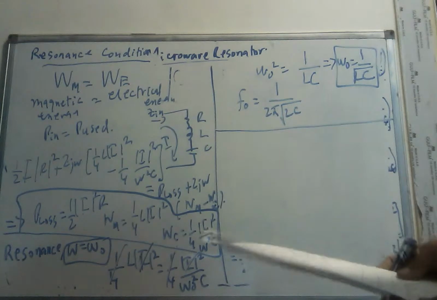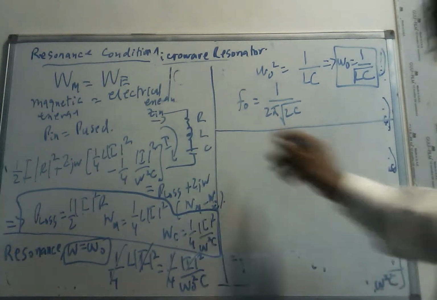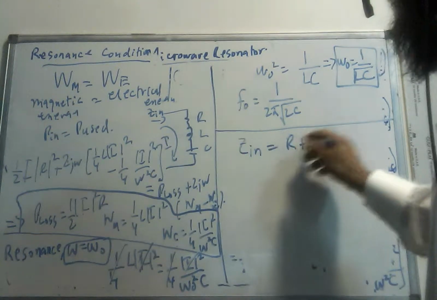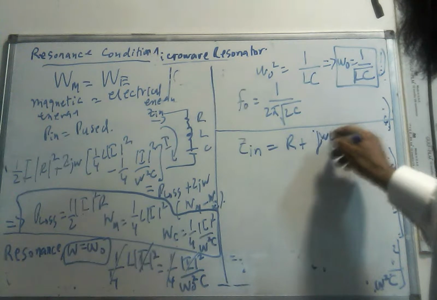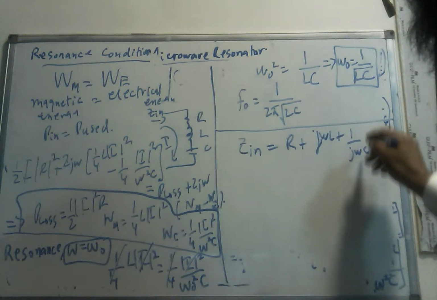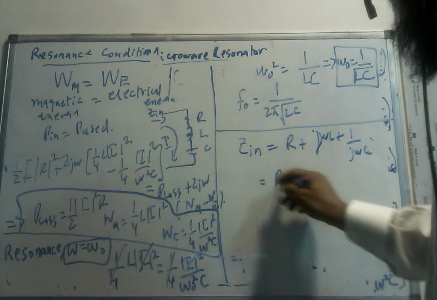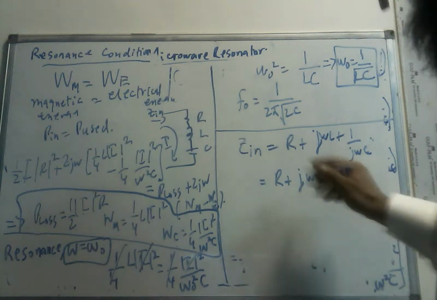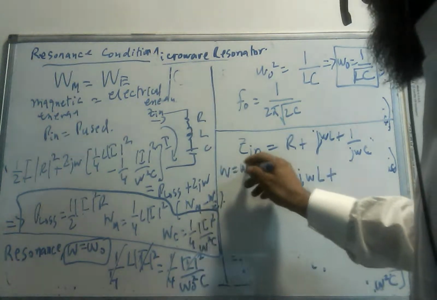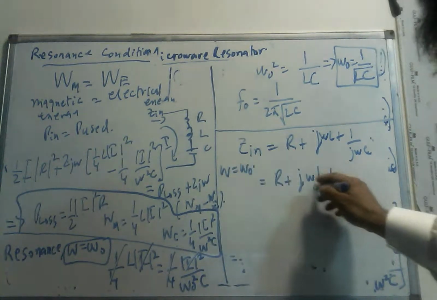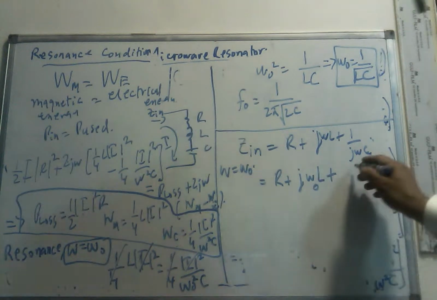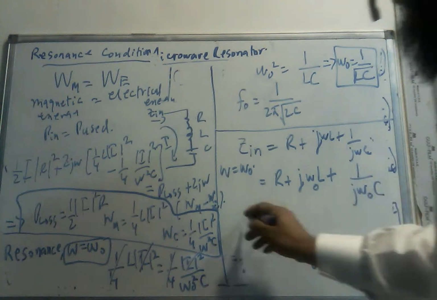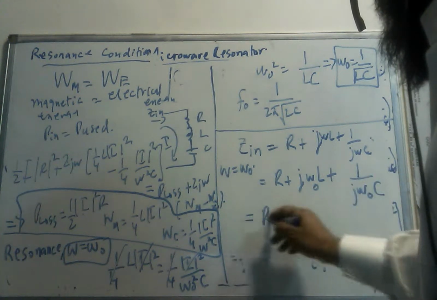okay, now let us look at the input impedance at resonance. So at resonance, the input impedance is given by R plus j omega L plus 1 over j omega C, and this is equal to R plus j omega L plus, now at resonance, omega equal to omega naught, 1 over j omega naught C. So let me put the omega naught here.